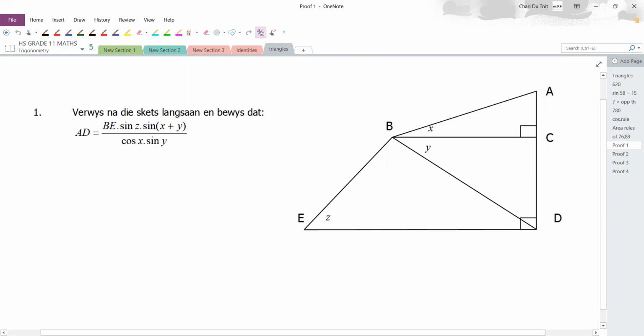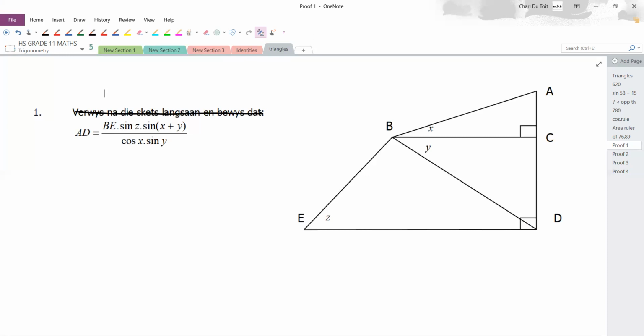Look at that triangle. Quickly redraw that drawing, and also the part that says prove the following. Just make the drawing, and you're going to prove that AD is equal to whatever.